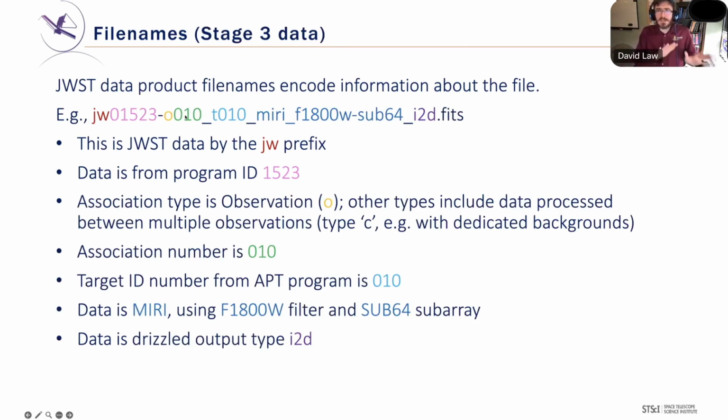There are a couple of different kinds of associations I won't go into here, but now these numbers tell you about what part of the program it started from. And then this string here tells you what kind of program it is. In this case, it was MIRI imaging using the sub-64 subarray and the 18 micron filter. And likewise, I2D tells me that it's come out of the final stage of the pipeline, is resampled and drizzled, and combines together multiple different images.